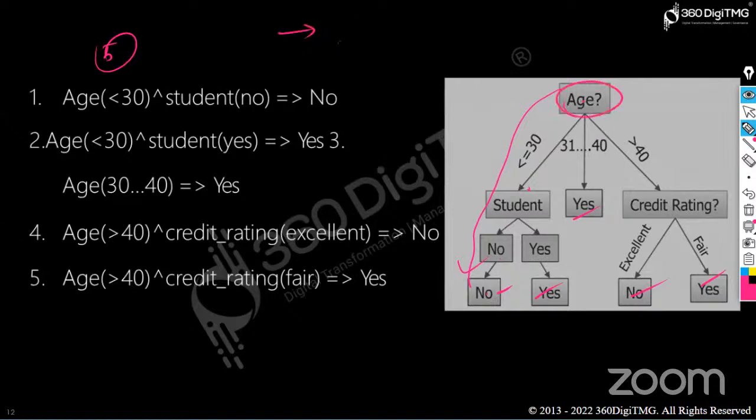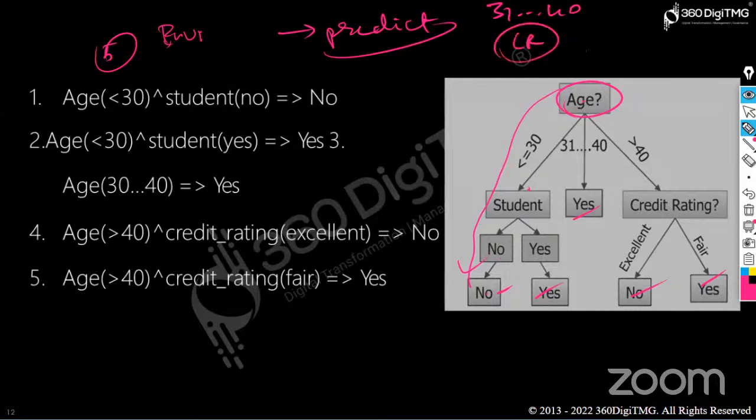Now in future, when you want to predict, let's say for example, I want to say a person is buying a computer or not based on some prediction. Let's say for example, he is 31 to 40 and his credit rating is fair. So it is fair enough. So 31 to 40, fair enough.